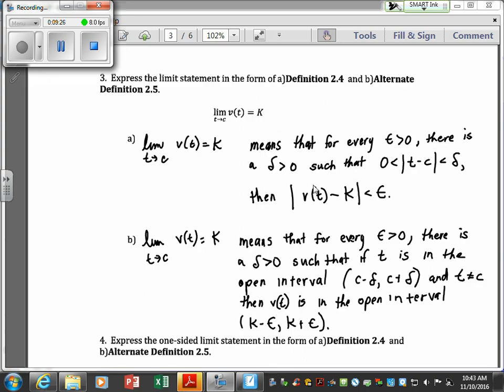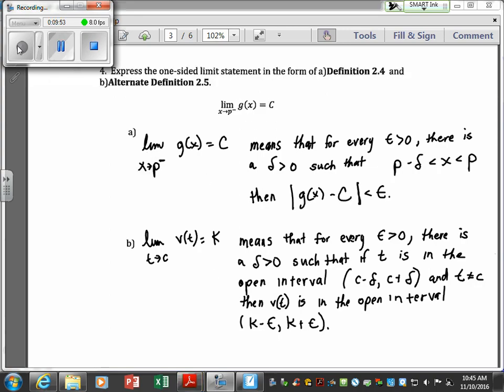This matches definition 2.4. The alternate definition is: for every epsilon greater than 0, there's a delta greater than 0, such that if t is in the open interval from c minus delta to c plus delta, and not equal to c, then the function is guaranteed to be in the open interval from k minus epsilon to k plus epsilon.